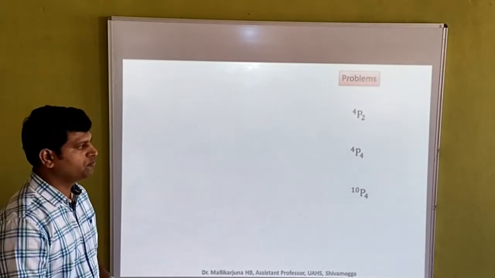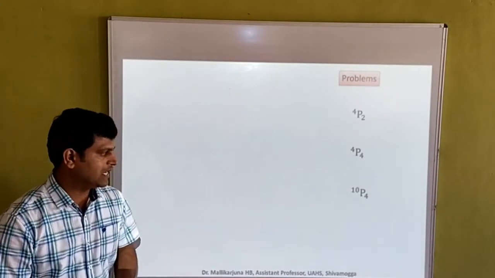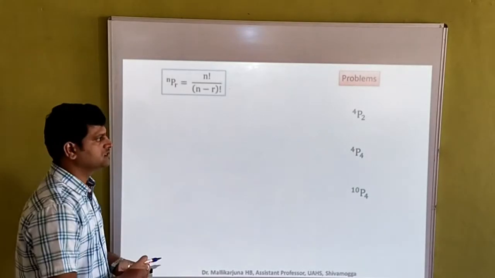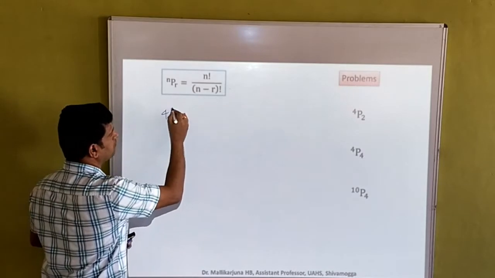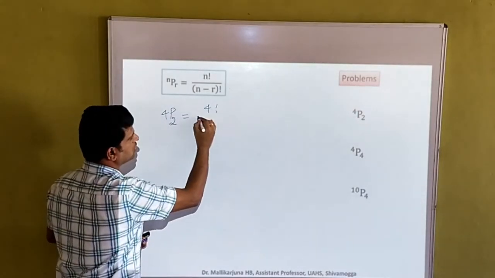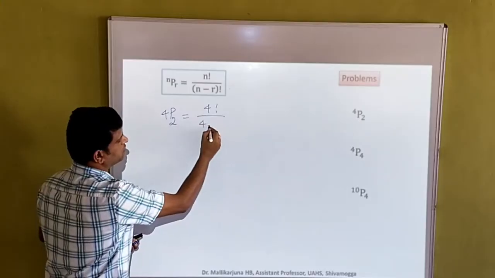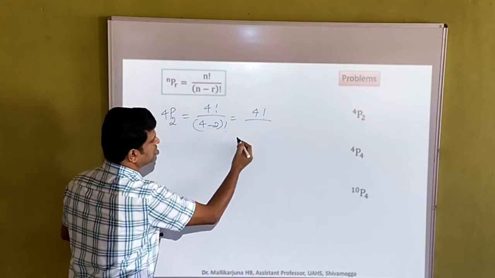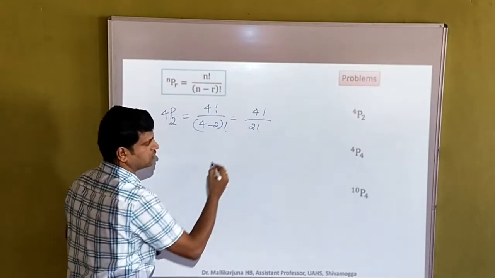Find 4P2, 4P4 and 10P4. So this is the formula. Just substitute. 4P2 is equal to 4 factorial divided by 4 minus 2 factorial, which is 4 factorial divided by 2 factorial.